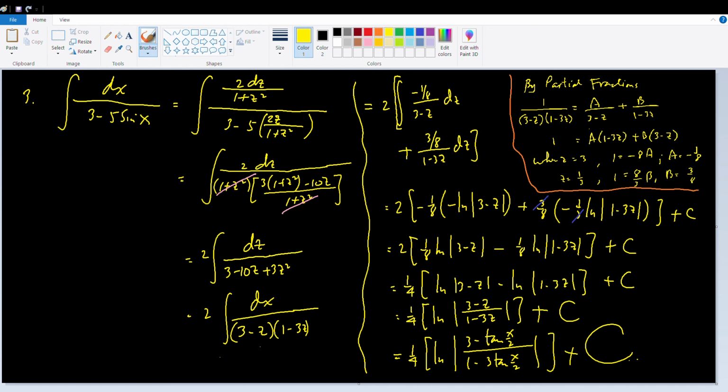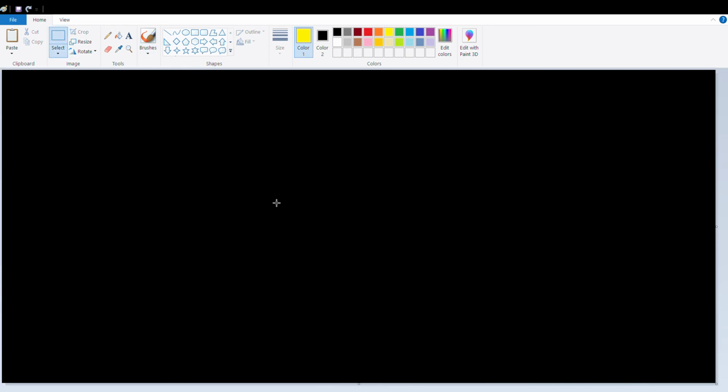So one final example. We take the integral of dx over sine x plus tangent x.